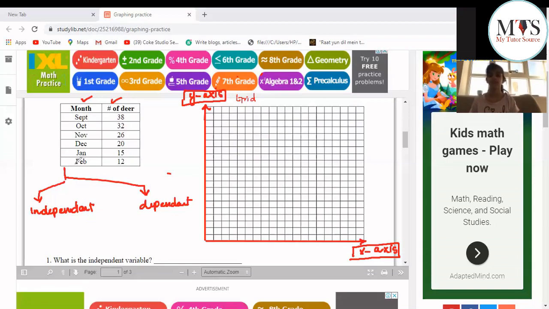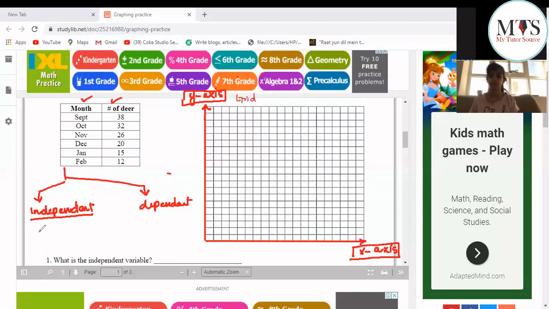So if it's something that you can control by your own self, it's called independent. What is it called? Independent. And whatever that quantity is going to be the independent variable. What is it going to be called? Independent variable. Yes, very good.